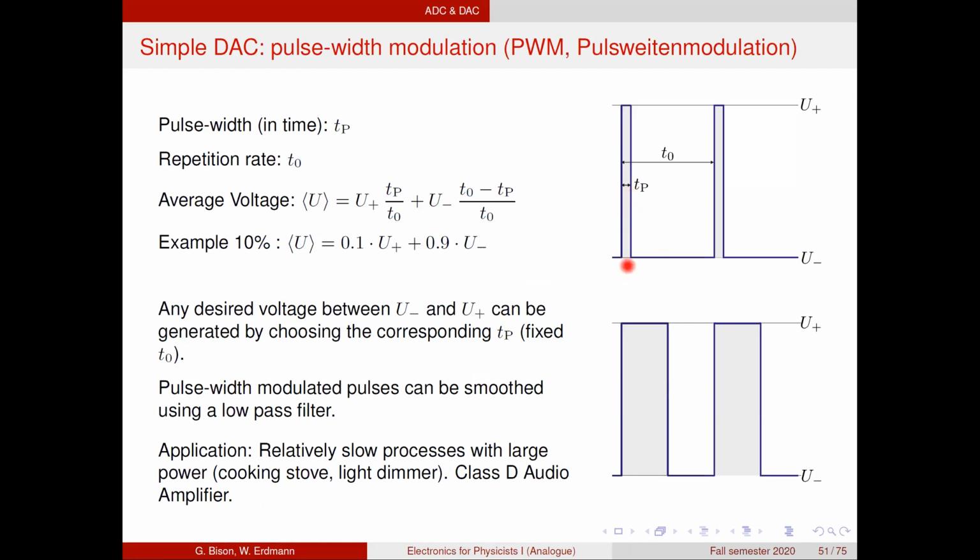There's a direct correlation between the time that it's on and the setting on your stove. And since heat is very slow to change, you actually don't see in the end result that this is pulsed operation of heat transfer.